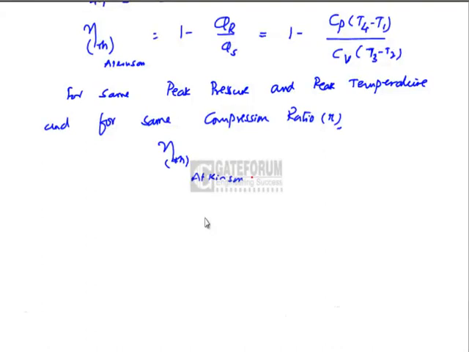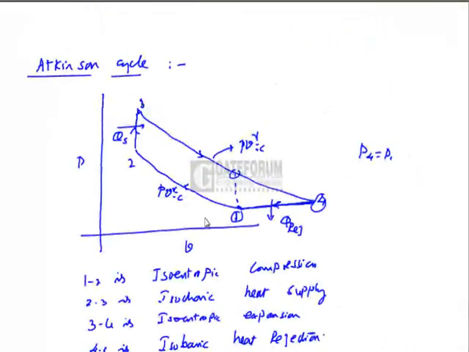the Atkinson cycle would be greater than the thermal efficiency of the Otto cycle, because the expansion is complete, being up to the inlet pressure. The enclosed area of the cycle on the PV diagram, that is the net work done per cycle, will be more in the Atkinson cycle than in the Otto cycle.